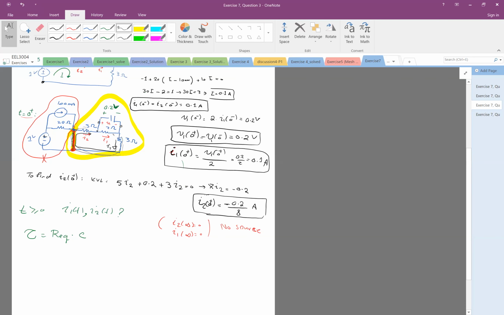In order to see it better, this is my C. There was a 2 ohm here, a 5 ohm and a 3 ohm.